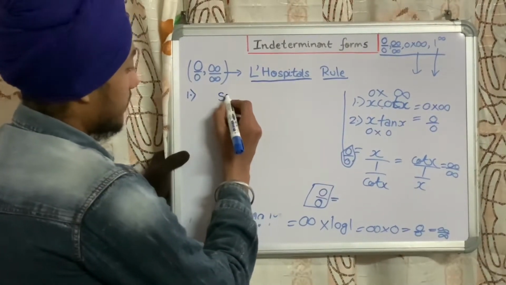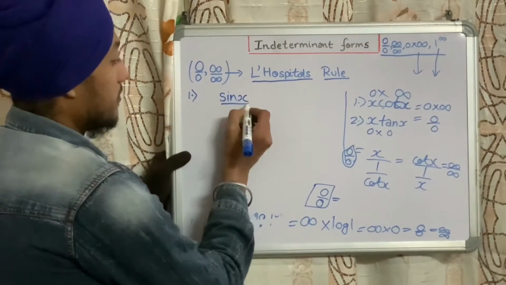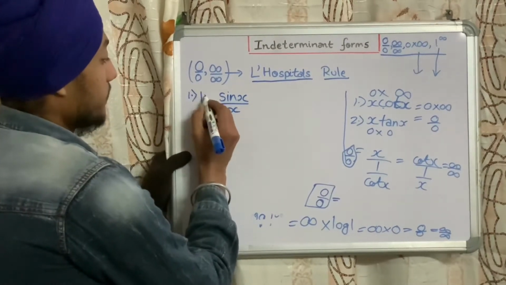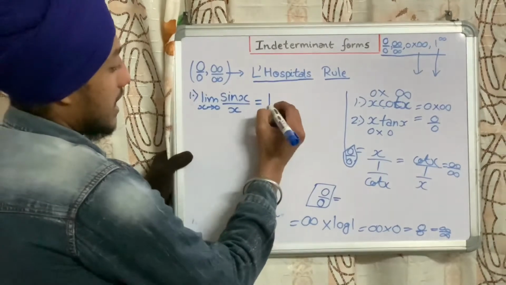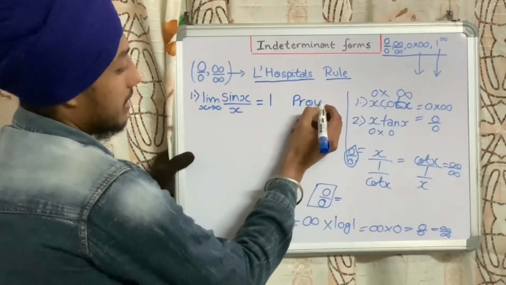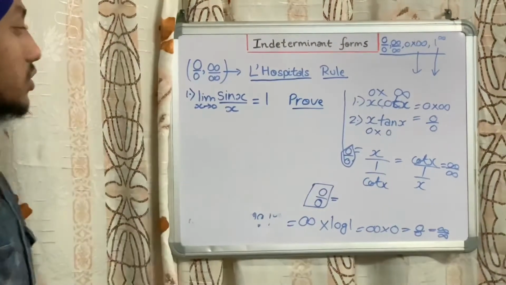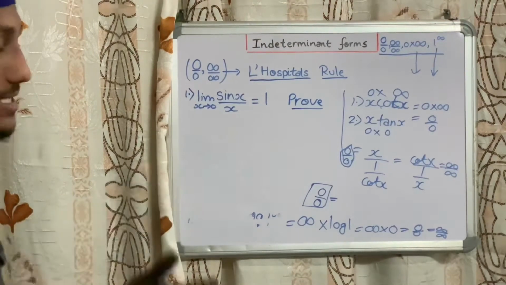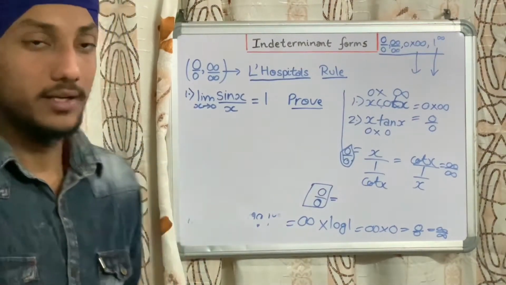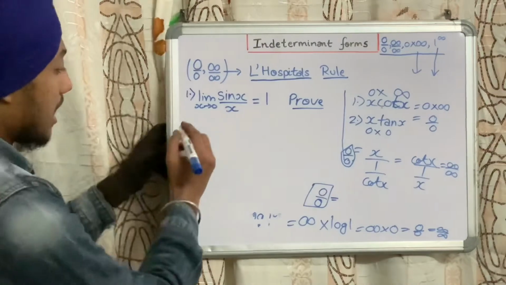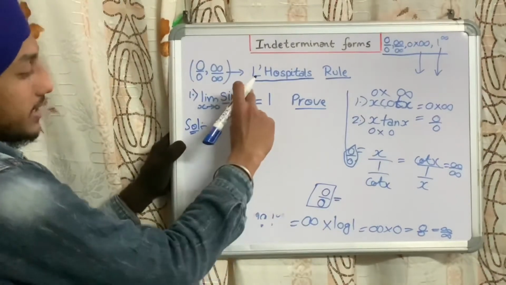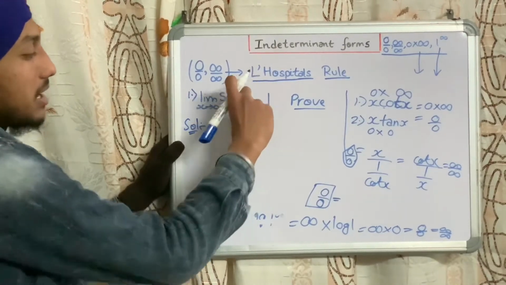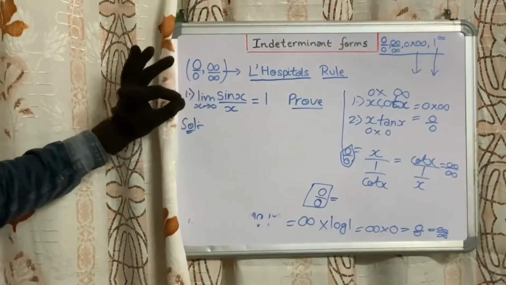We are given the example of sin x divided by x, and we have to prove the limit formula. How is this formula derived? We are going to use L'Hopital's rule here so that we can come out of the 0 by 0 form.